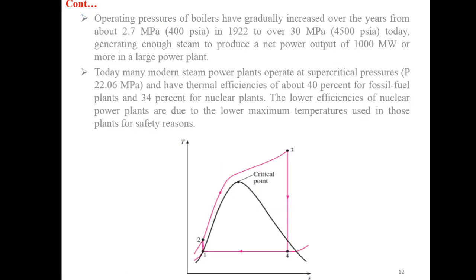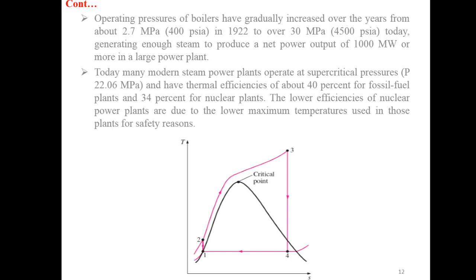Operating pressure of boilers has gradually increased over the years from 2.7 megapascal in 1922 to 30 megapascal today, generating enough steam to produce a net power output of 1000 megawatt or more in a large power plant.